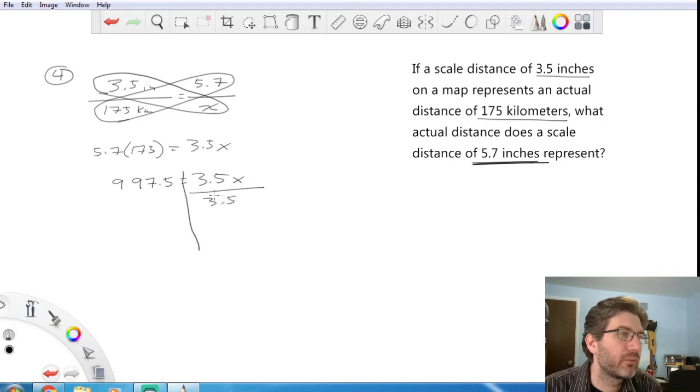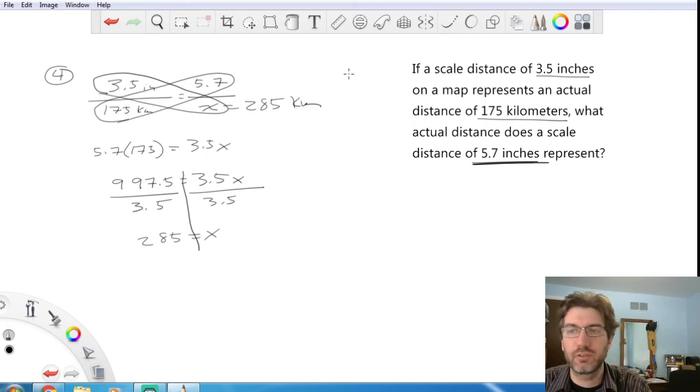Divide by 3.5 to get x by itself. And you're getting 285 equals x. So x here is 285, and it's in kilometers.